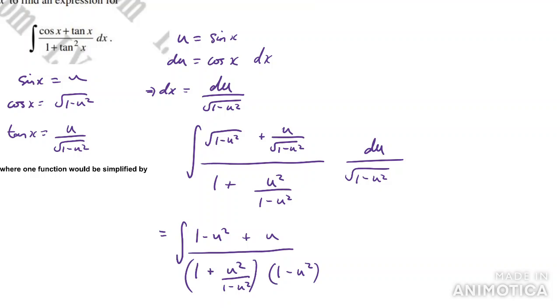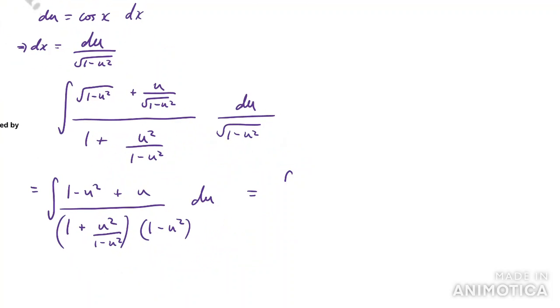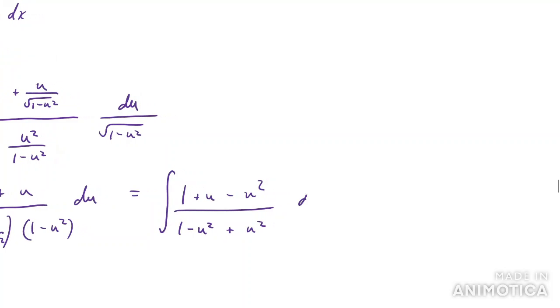A bit annoying, this question, but still doable. And so that is going to hopefully simplify nicely into the integral of 1 plus u minus u squared over 1 minus u squared plus u squared. So finally, we get to the idea that this is actually just 1 plus u minus u squared du.